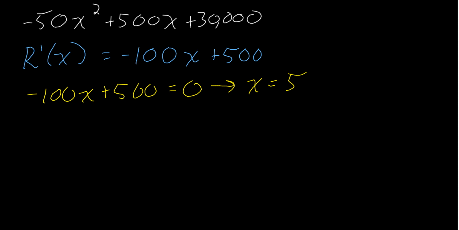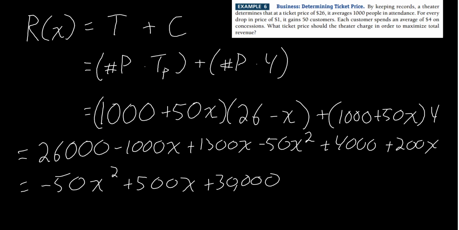Let's go ahead and do the second derivative test. It's not hard. The second derivative is just going to be negative 100. Since that's a negative number, that means it's concave down, so we have the maximum at x equals 5. Looking at this, I'm pretty sure what we want to know is the best ticket price. What ticket price should the theater charge?